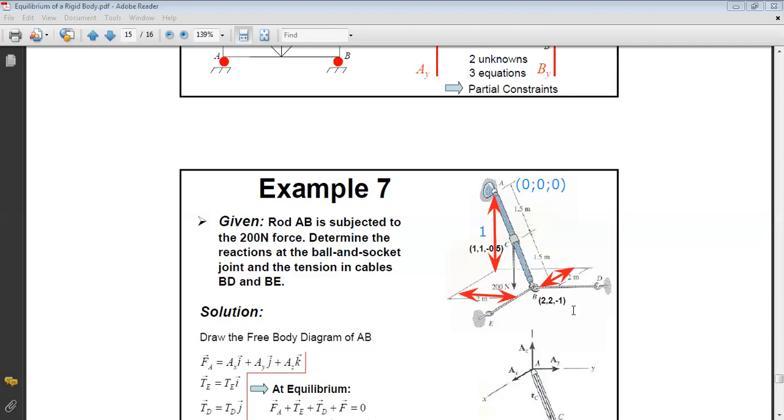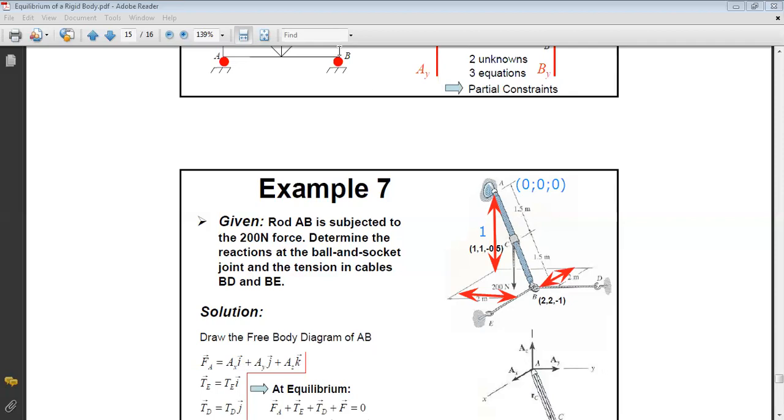So it's 2, 2, minus 1. Since C is at the middle of AB, you can easily find the coordinates of C: x of C equals x of A plus x of B over 2, y of C equals y of A plus y of B over 2, etc. Now I know the coordinates of all my points.